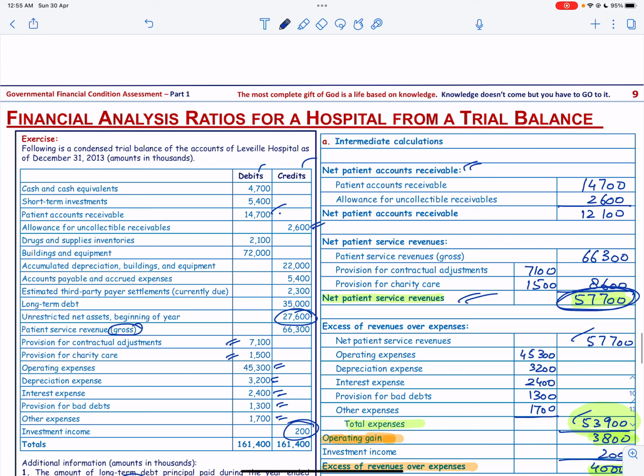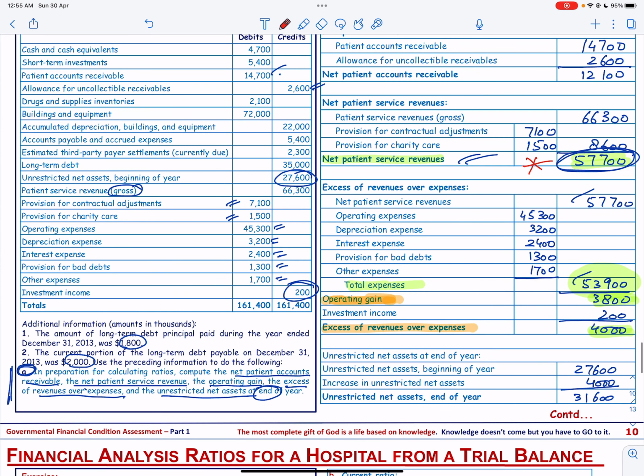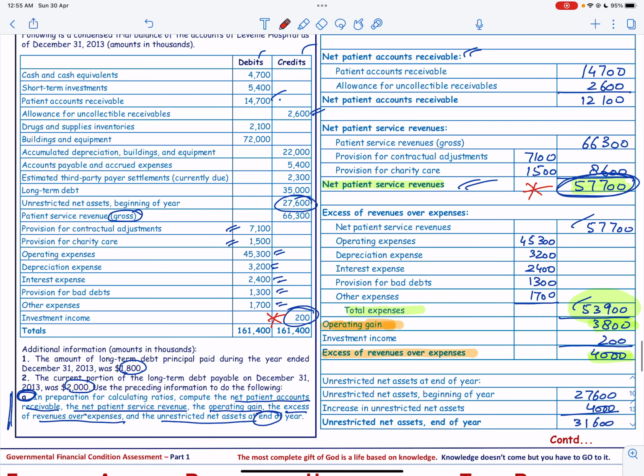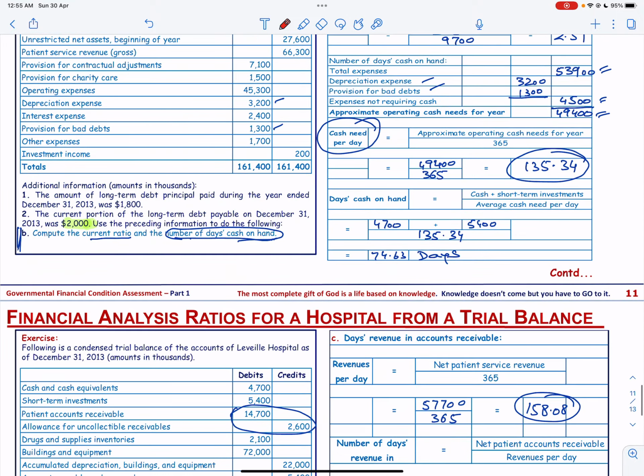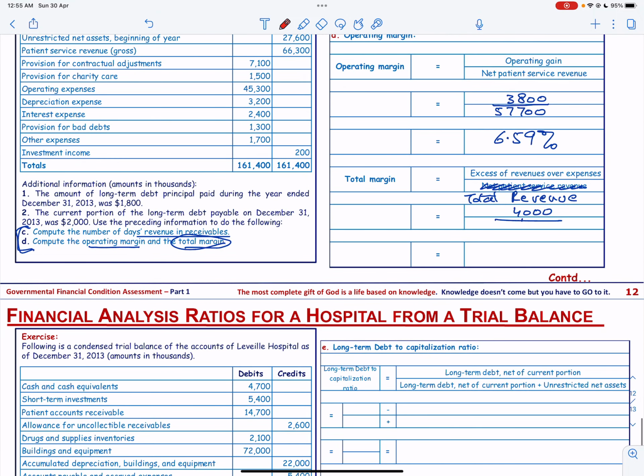Okay, we have the net patient service revenue of 57,700, and we have the investment income as well of 200. So the total revenue will be 57,900, and this will be equal to 6.91%. So the total margin is 6.91%.